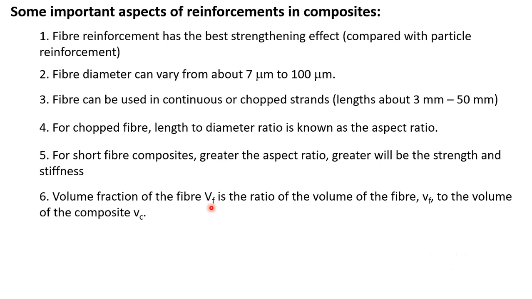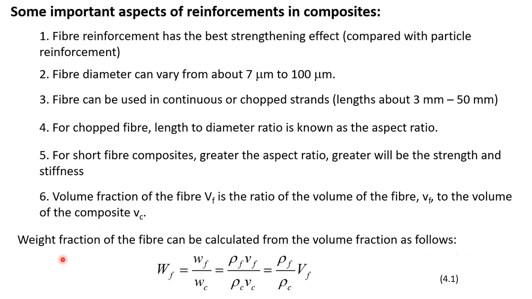Volume fraction of the fiber, Vf, is the ratio of the volume of the fiber, Vf, to the volume of the composite, Vc. Many times weight fractions are given, so the weight fraction of the fiber can be calculated from the volume fraction as follows. Weight fraction of the fiber is equal to the weight of the fiber divided by the weight of the composite, and it is given as the density of the fiber multiplied by the volume of the fiber, divided by the density of the composite multiplied by the volume of the composite.